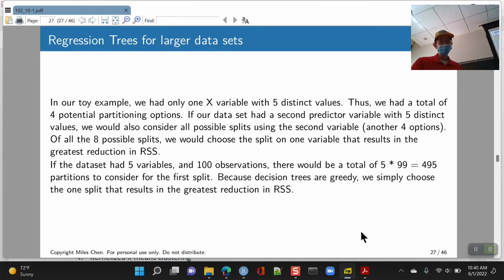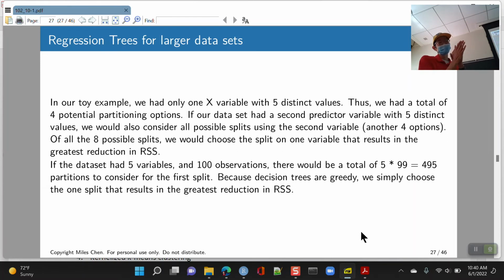Okay, so what do we do if we have a bigger data set, which is going to be the case almost always? Well, you just consider every possible split. Let's say you have 100 observations and 5 variables. Then you have to consider potentially 495 possible partitions as the first split.